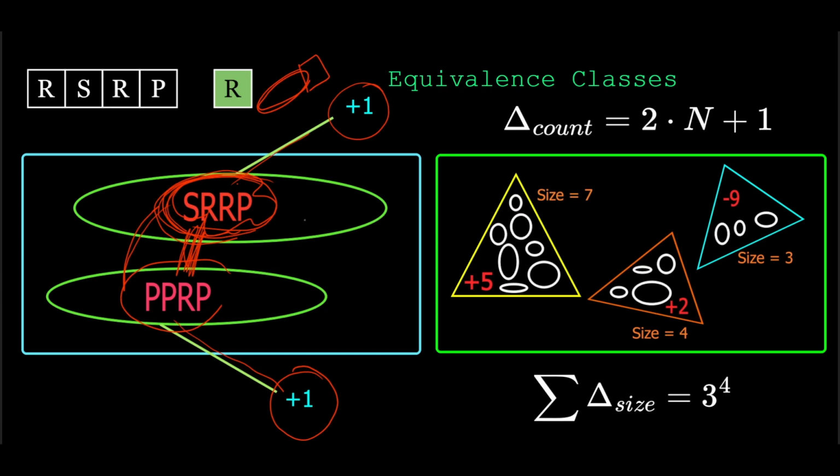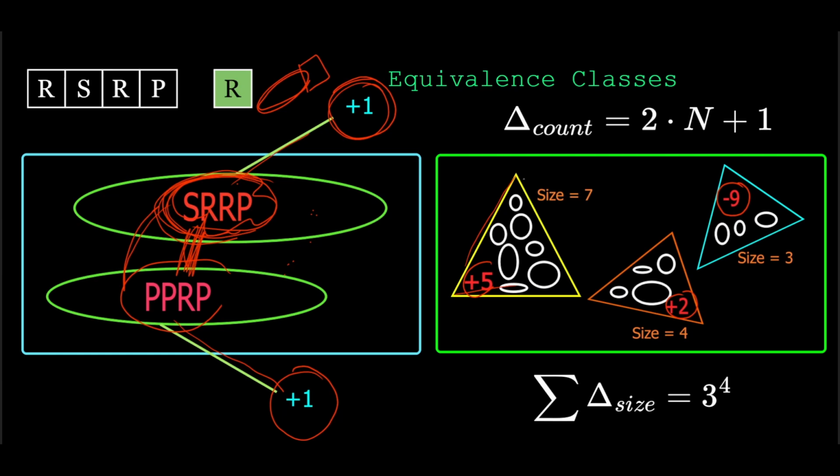So now that we know that some of the ellipses here would be identical, let's club those identical ellipses and we will say that they are identical when their scores are identical, and store them inside a rectangle. So this rectangle will have all the ellipses that have a score of 5. This triangle would contain all the ellipses that have a score of 2, and this triangle will contain all the ellipses which have a score of -9.